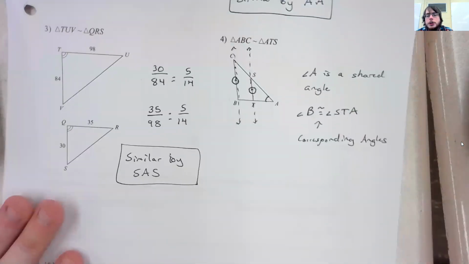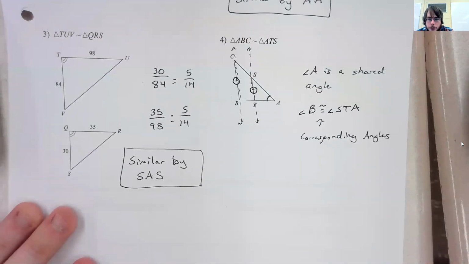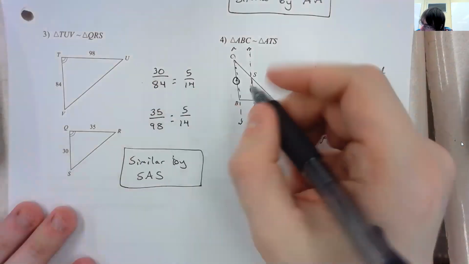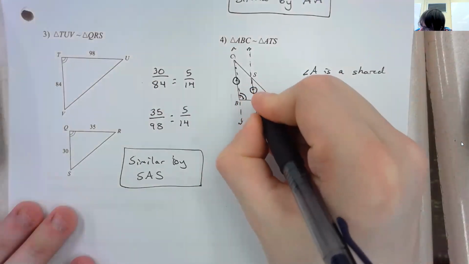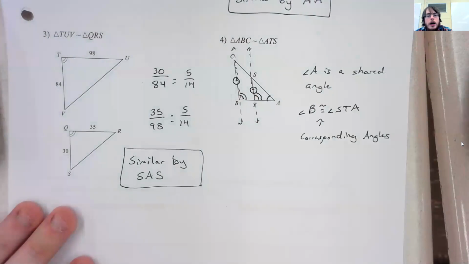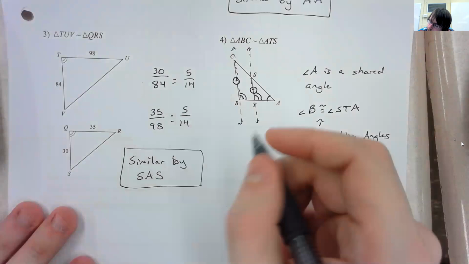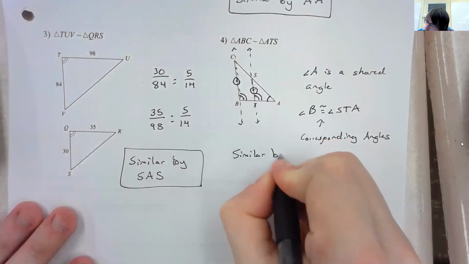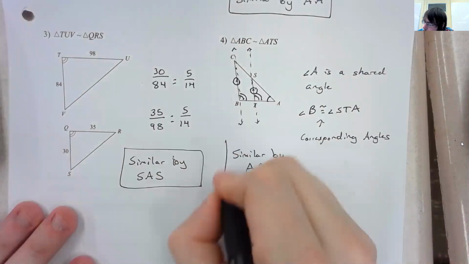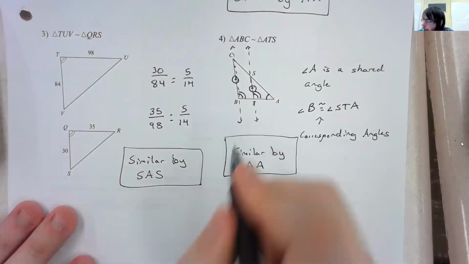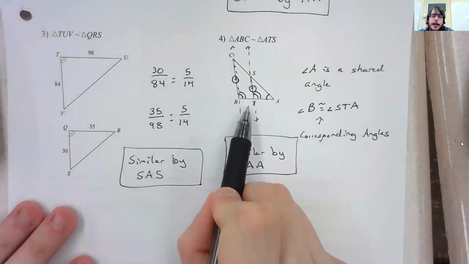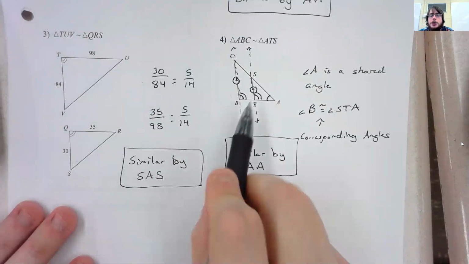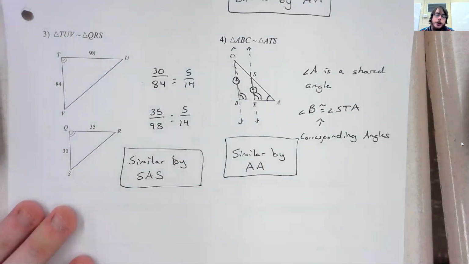So we have two pairs of congruent angles for the triangles. And so that means that these triangles are similar by AA, angle-angle. Now we could not use side angle side or anything like that because we don't have any sides labeled with numbers.